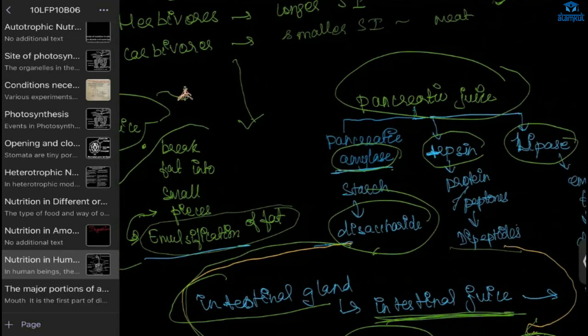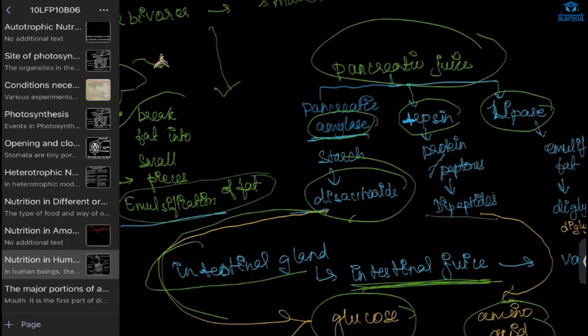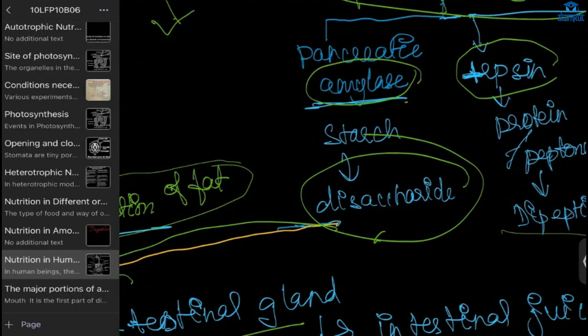Then from the pancreas, we get pancreatic juice. What do we have here? Pancreatic amylase, trypsin and lipase. So pancreatic amylase, I said amylase, right? What will it work on? You can guess, right? It will act on carbohydrate, starch, like salivary amylase.